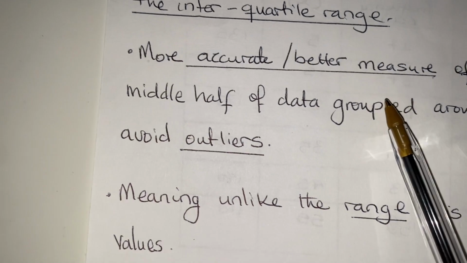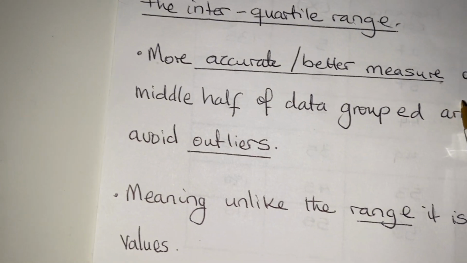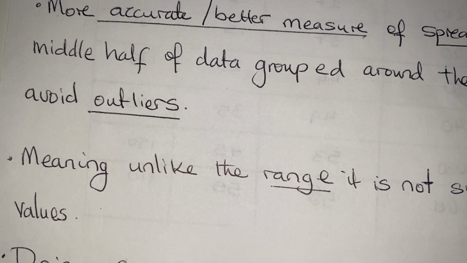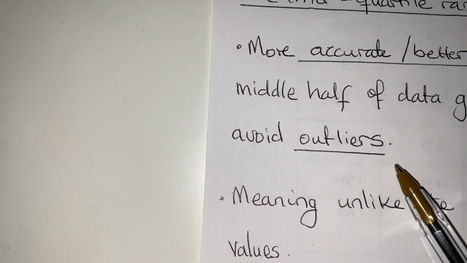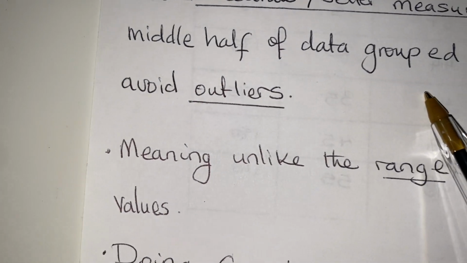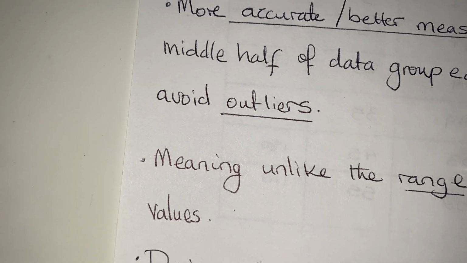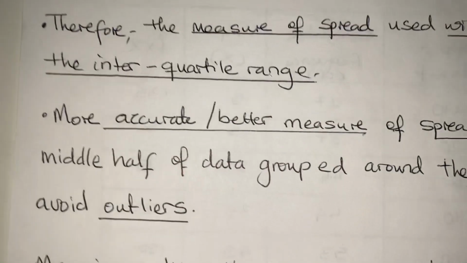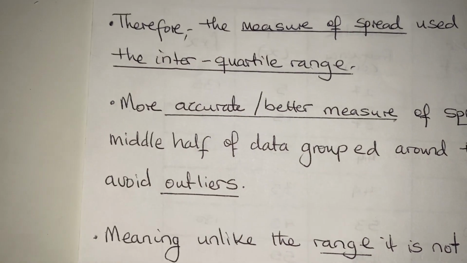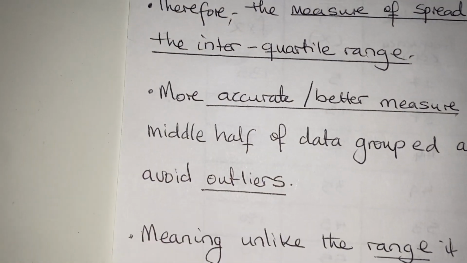This is a more accurate, better measure of spread, as it is used for the middle half of the grouped data. You remember when we were doing graph work earlier, we saw outliers.